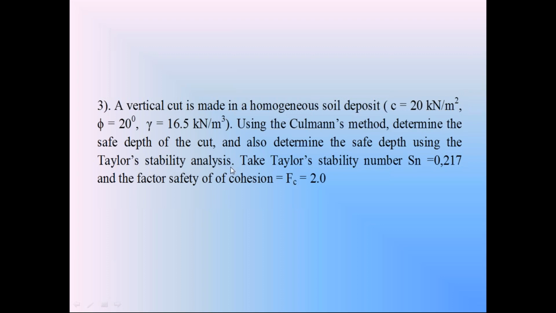In the Taylor stability analysis, take the Taylor stability number as 0.217 and the factor of safety of cohesion Fc as 2.